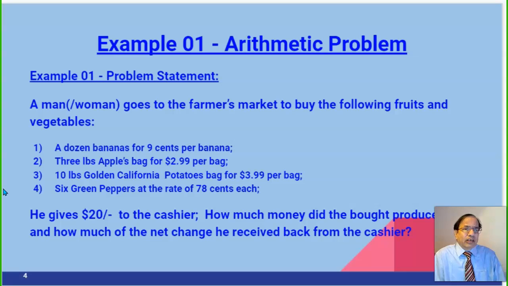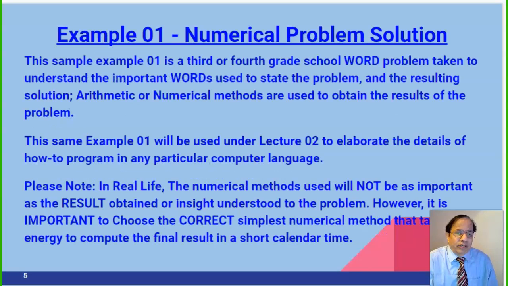The questions are: how much money did he spend on fruits and vegetables, and how much net change did he get back from the cashier. Example 1 is a 3rd or 4th grade school word problem, taken to understand the important words used to state the problem and the resulting solution. Arithmetic or numerical methods are used to obtain the results of the problem.